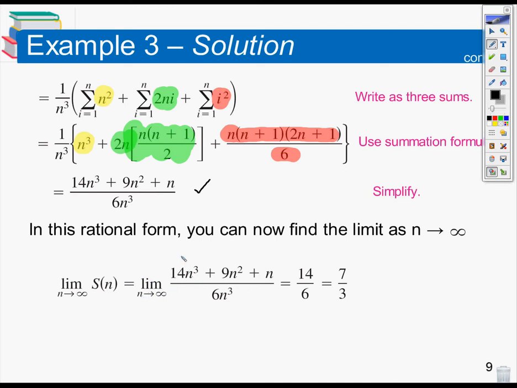Pulling back from the previous sections, when the leading coefficients of the top and bottom are the same, the limit is basically just 14 over 6, which simplifies to 7 over 3. The last part, finding the limit, is actually probably the easiest portion of a problem like this.